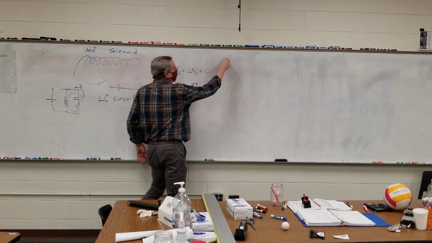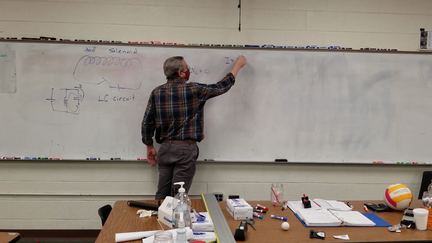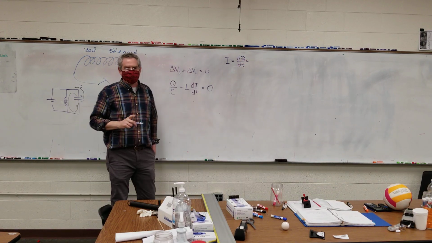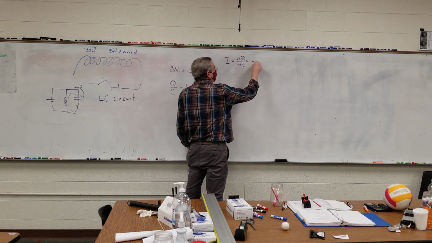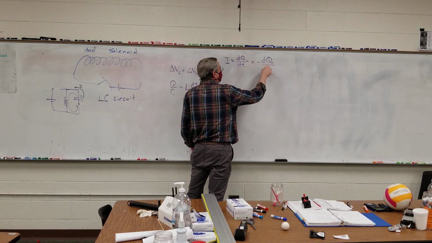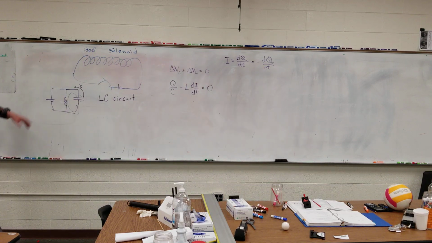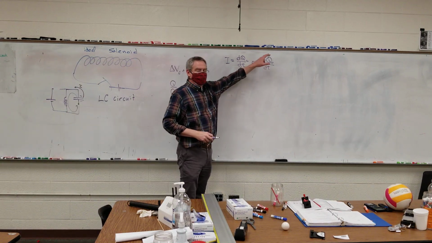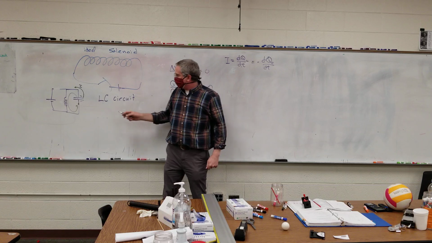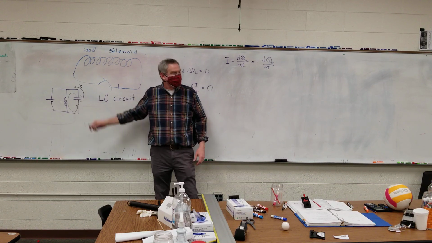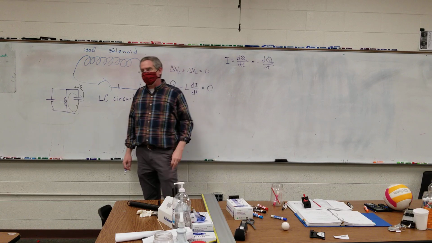And so my current here deals with the charges that are going across the inductor, but that is the negative of the charges coming off of the capacitor. Because as the charges come off the capacitor, dq is a negative number because I'm losing charge here, but my current is positive, and so the minus sign sort of offsets that.